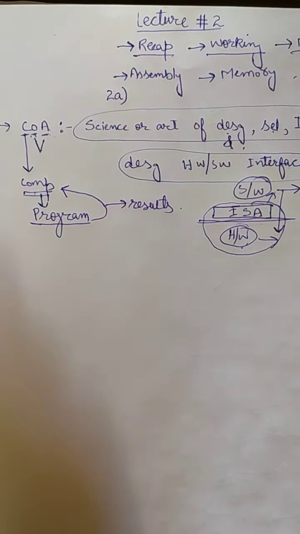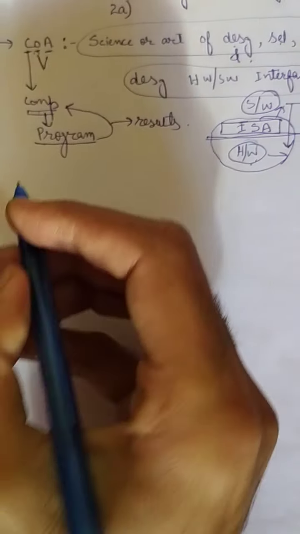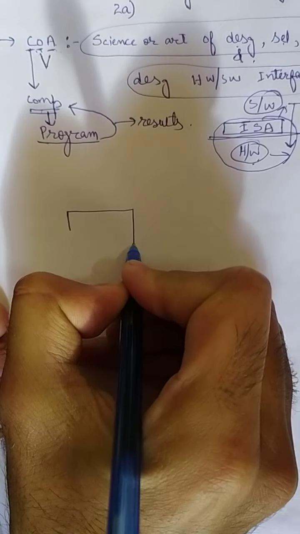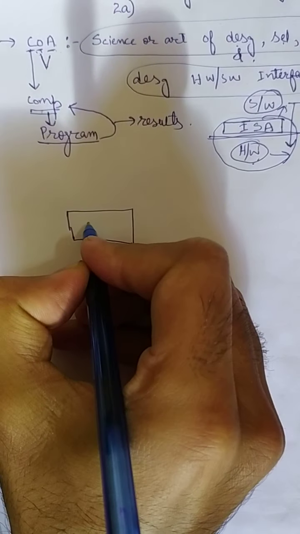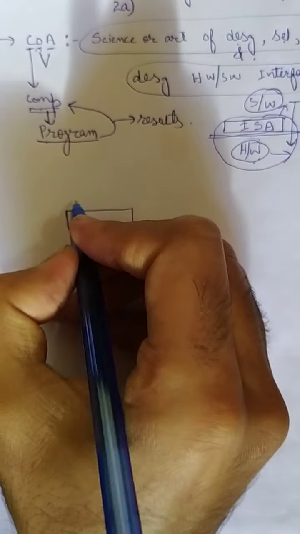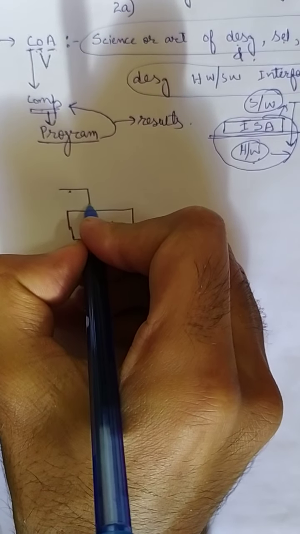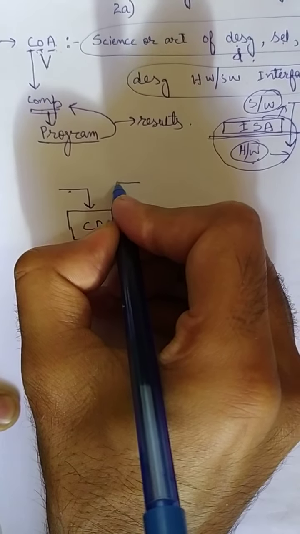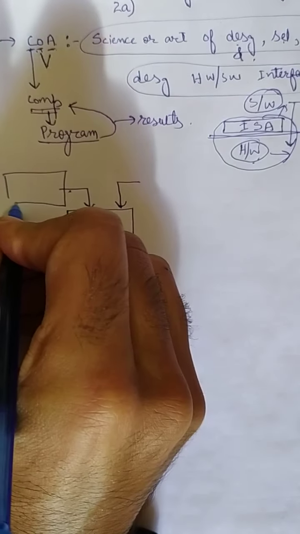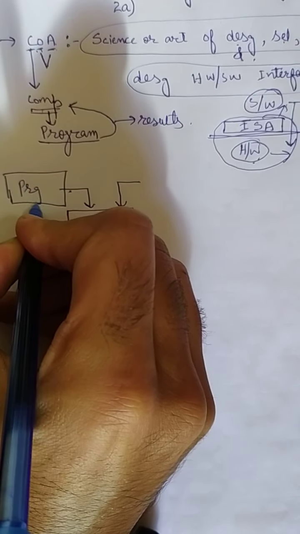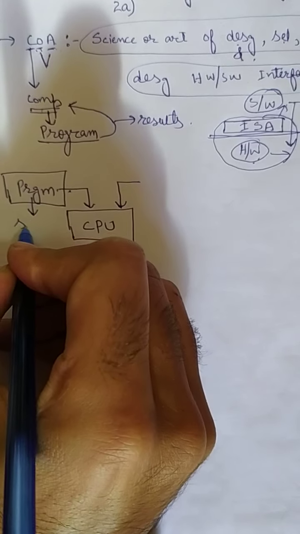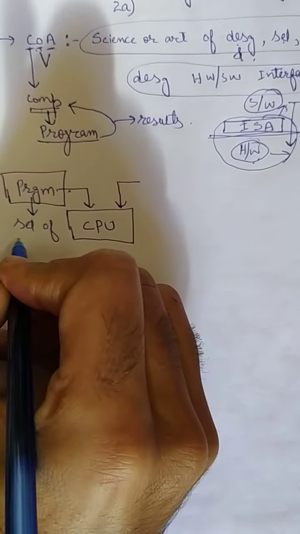And how does our computer system work? Let's say this is my computer, or we can also say a CPU, Central Processing Unit. This computer takes two things as input. One is a program. A program is a set of instructions.